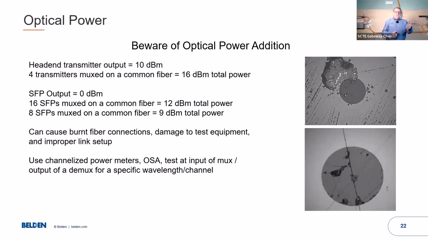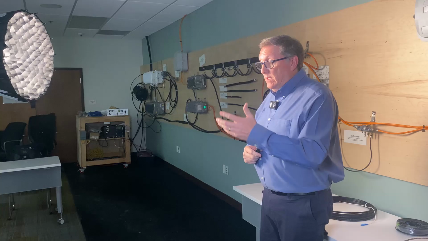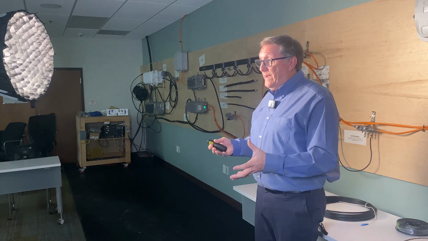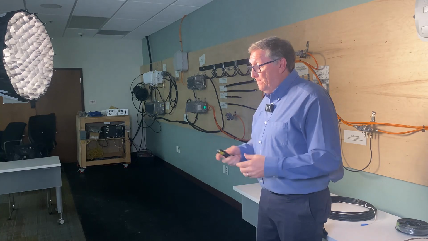So if it's a 3 dB SFP and you have 24 channels, so 2, 4, 8, 16, and call it a half. 3, 6, 9, 12, call it a half, 13.5 dB of power, right? Add that to a 3 dB SFP, you now have roughly 16 dB of power. You have the same total power as the output of an EDFA.